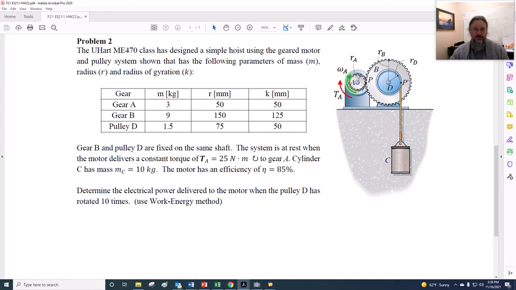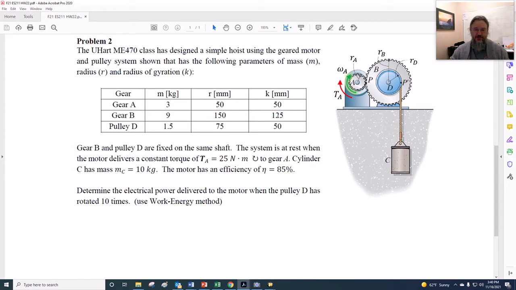Gear A is 3 kilograms, with a radius of 50 millimeters and a radius of gyration of 50. Gear B is about 3 times the mass and three times the radius. Its radius of gyration is 125 because it probably has some holes in it, or weight reduction, mass reduction.